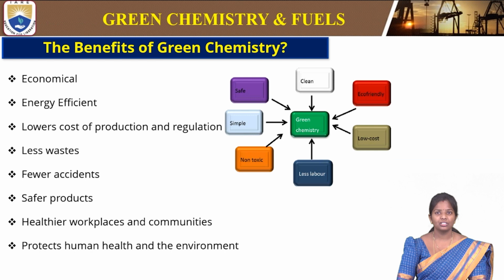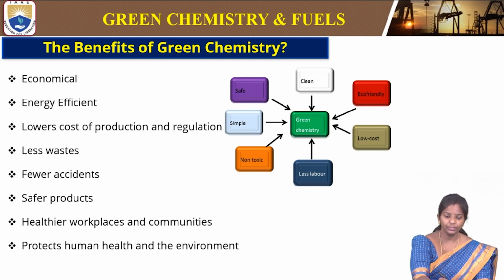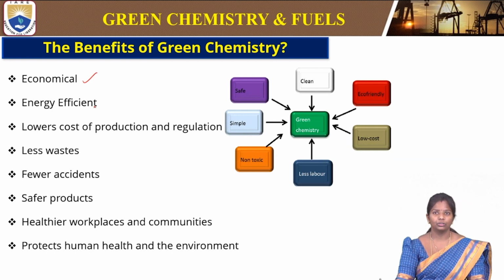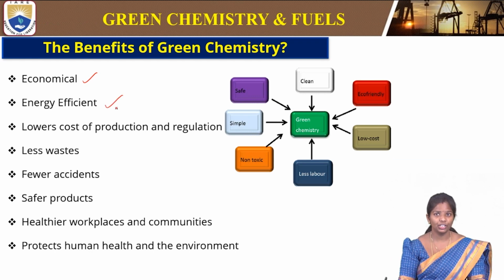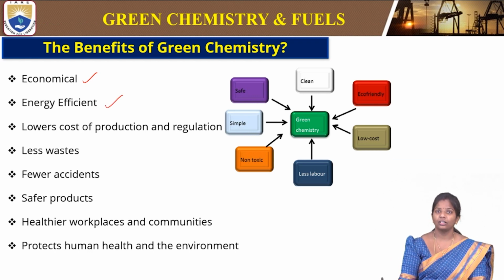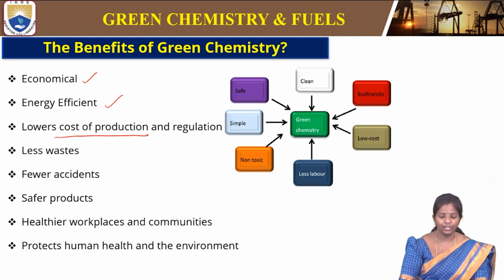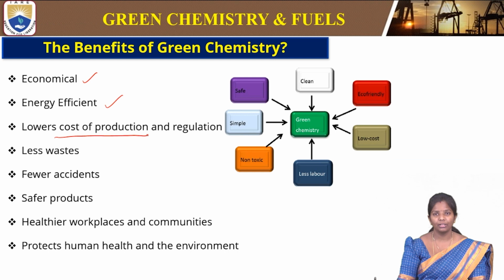So what are the benefits of green chemistry? It is more economical, so it is cost effective. Then energy efficient, so the energy input will be less. Lowers the cost of production and regulation. So it will be lowering the cost of production through the green chemistry process.